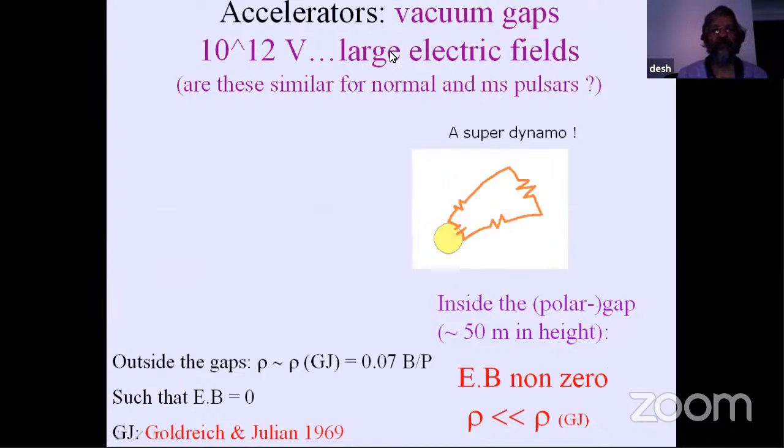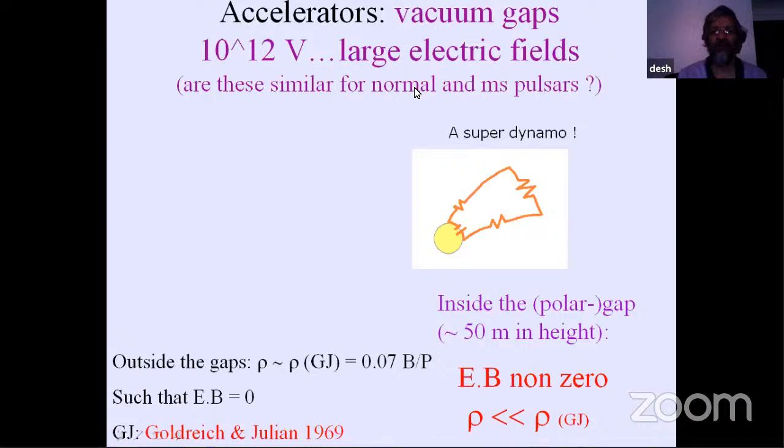This is relating to the deadline that I was mentioning, but you can also ask about the kind of electrodynamics that one needs to be operative for everything else to happen, and how similar it is for normal and millisecond pulsars.